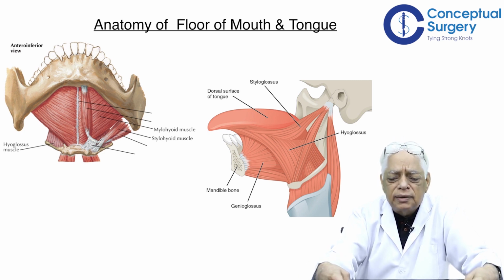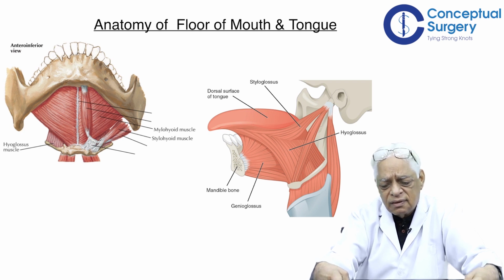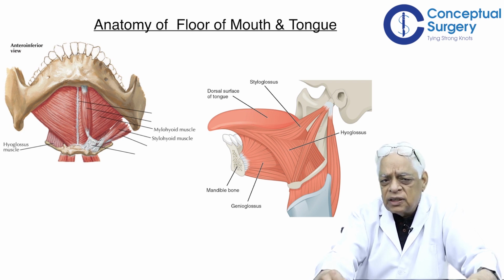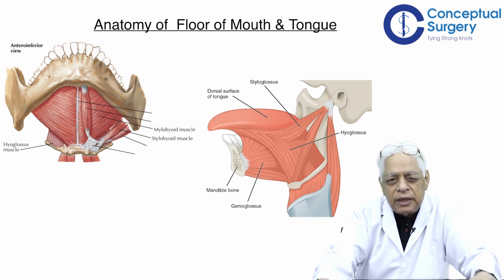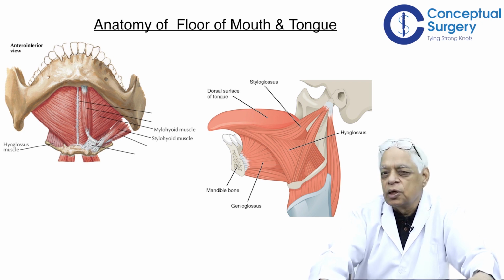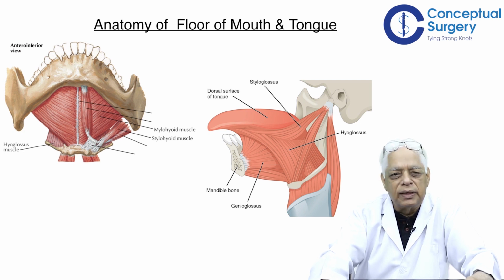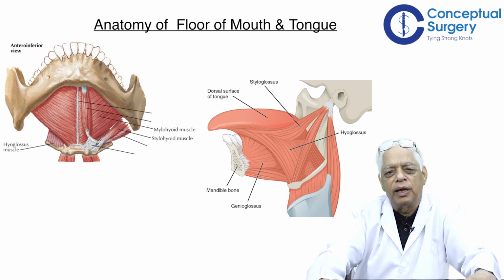Often the question arises, what is a sublingual space? Any space between the dorsum of the tongue or between the tongue and the floor of the mouth is sublingual space.